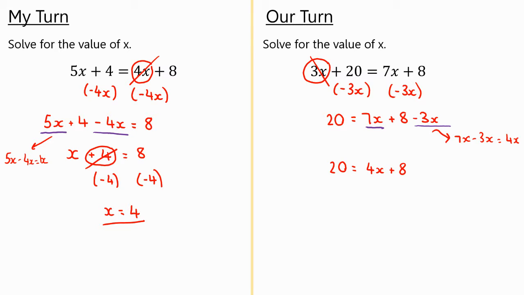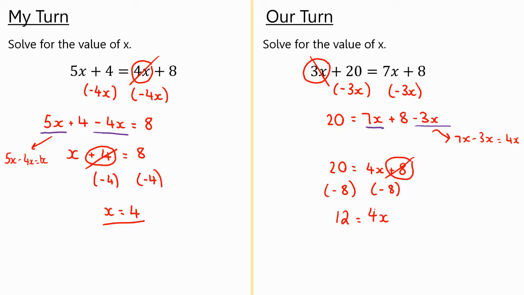Now I want to get rid of this plus 8. How do you get rid of a plus 8? Well, you have to take away 8 from both sides. When you do that, you are left with, on the left-hand side, 12 is equal to, and on the right-hand side, just 4x.